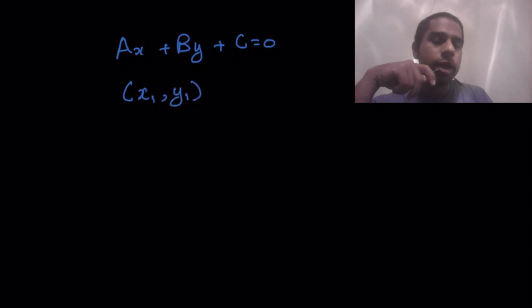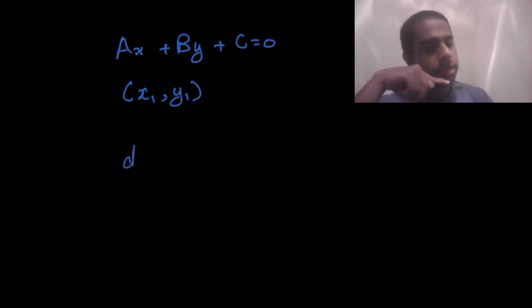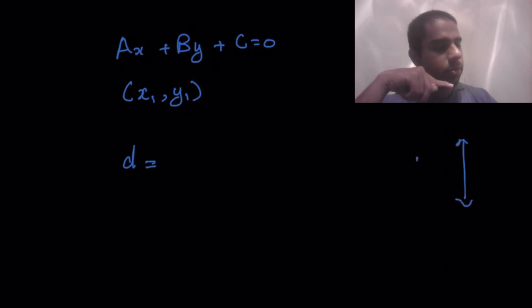You need to find the perpendicular distance between the point and this line, for which I have given the equation. How will you find that?